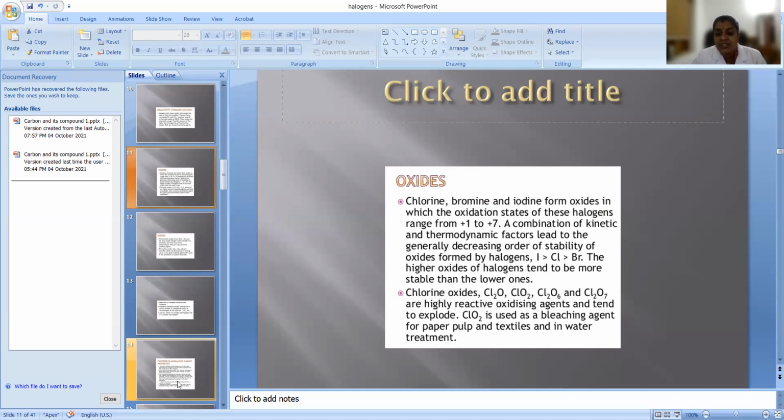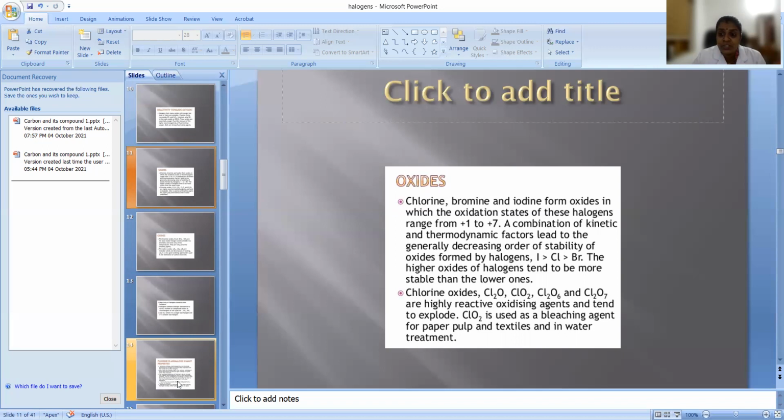Chlorine, bromine, and iodine form oxides in which the oxidation state changes from +1 to +7. Generally, the decreasing order of stability of oxides formed by halogens is I, Cl, Br. So Br has the least stability. The higher oxides of halogens tend to be more stable. Chlorine oxides are highly reactive oxidizing agents and tend to explode sometimes.